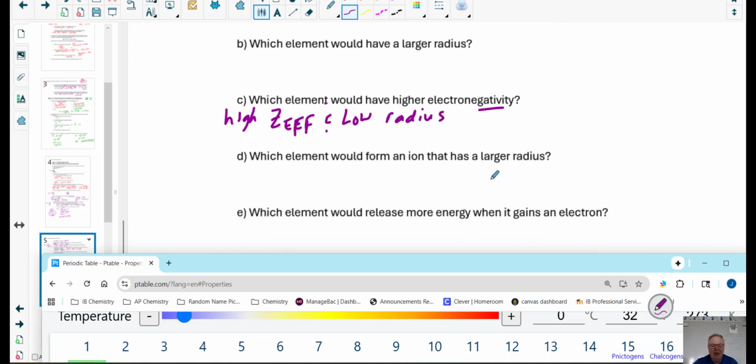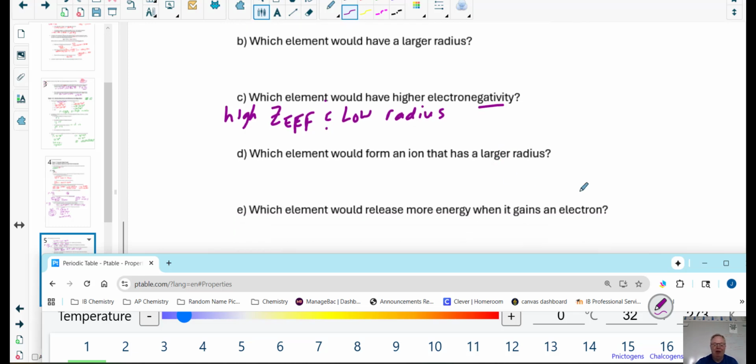All right, which element would form an ion that has a larger radius? So if we're comparing Na as compared to fluorine, if this makes an ion, it's going to be Na plus. If this makes an ion, it's going to be F minus 1.